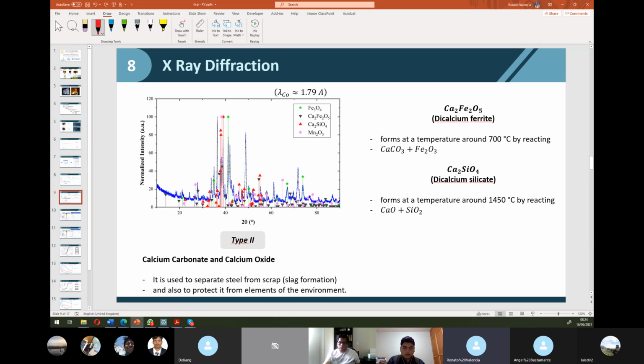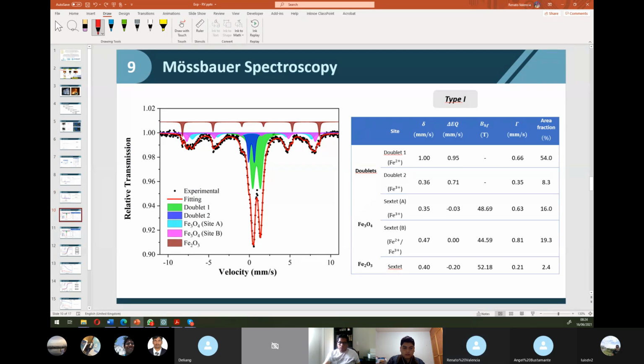We have these phases in the samples, type 1 and type 2. And in the Mössbauer spectroscopy, we have doublets, one iron 2 plus and another iron 2 plus, with quadrupole splitting 0.95 millimeters per second and 0.71 millimeters per second. These doublets are here.